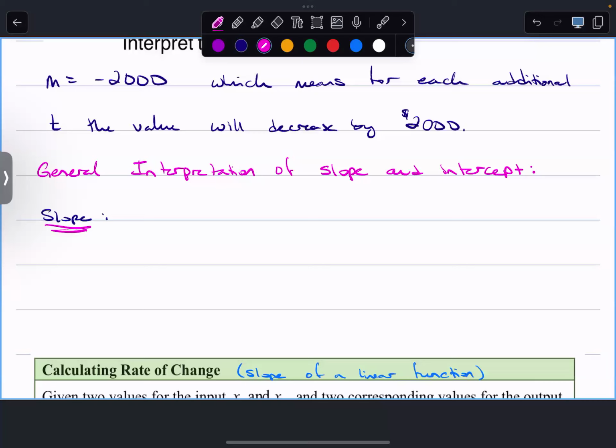The slope. Let's say m, right, in y equals mx plus b.